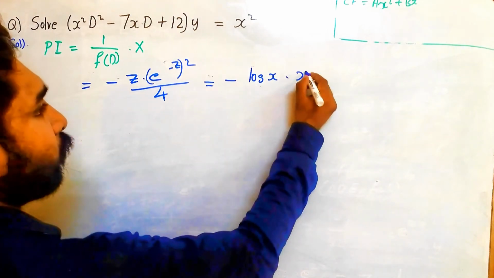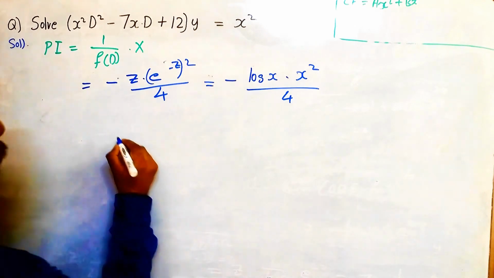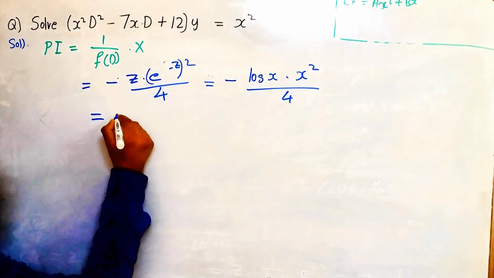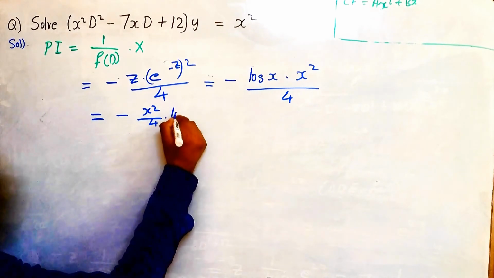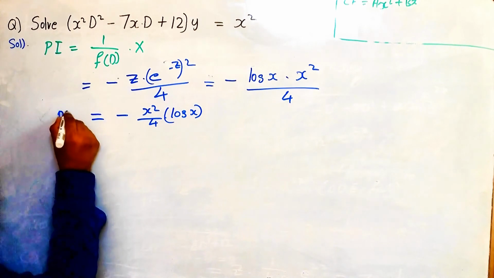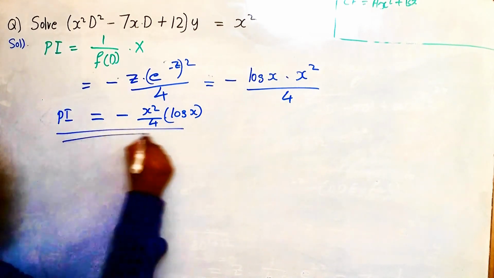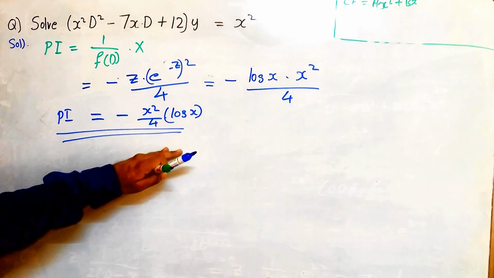So log x into x square by 4, that is equal to minus x square by 4 into log x. Fine. So this is the final form of the particular integral after substituting the values. Now we have got the particular integral too.